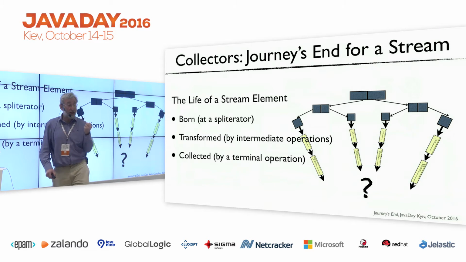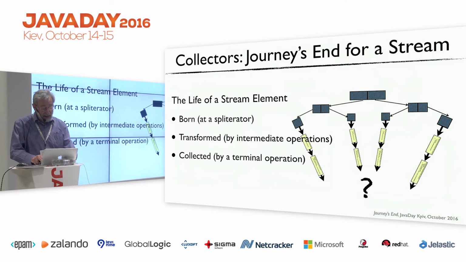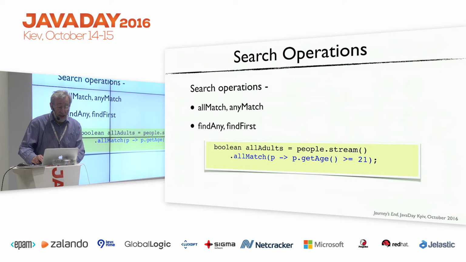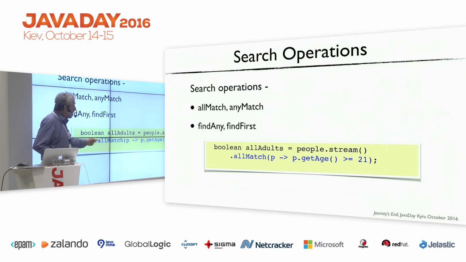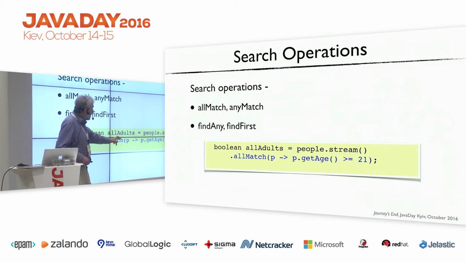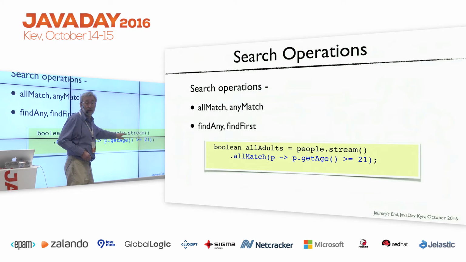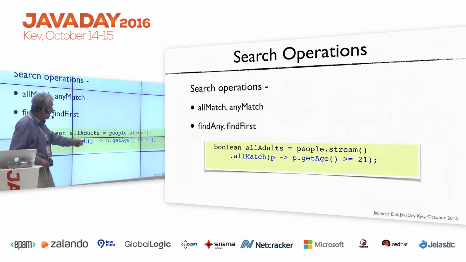So the terminal operation has, if you like, control over what happens, and that's what makes it interesting in terms of the short circuiting operations. Taking this one here, all match will evaluate this predicate. For each person value coming down the stream, this terminal operation will evaluate the predicate.